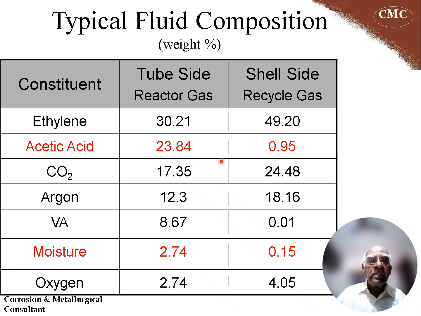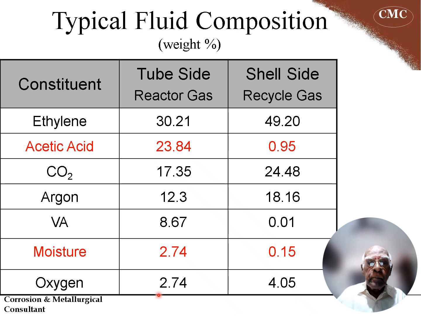So acetic acid is the corrosive agent. And corrosion does not take place if there is no moisture. The acid has to be dissolved in some moisture. You can see on the tube side, a sufficient quantity of moisture is there, which is not expected. Whereas here you can see the input gas has only a trace of moisture.